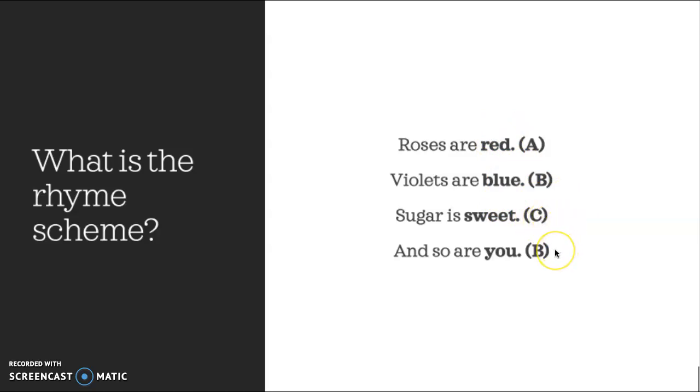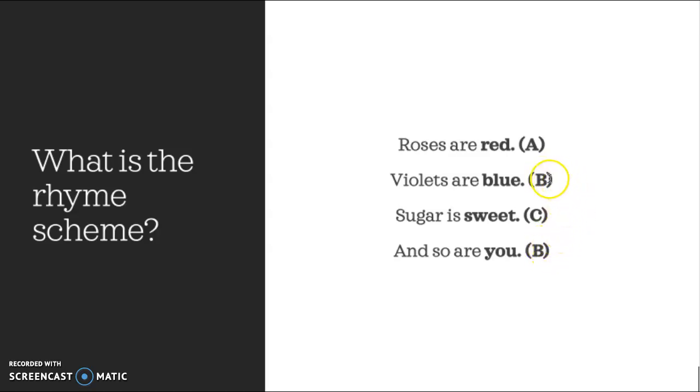But take a look at line 4. "And so are you." Does you rhyme with red, blue, or sweet? Well, actually, it rhymes with blue. So since it rhymes with blue, the labels at the end, these two, are the same.